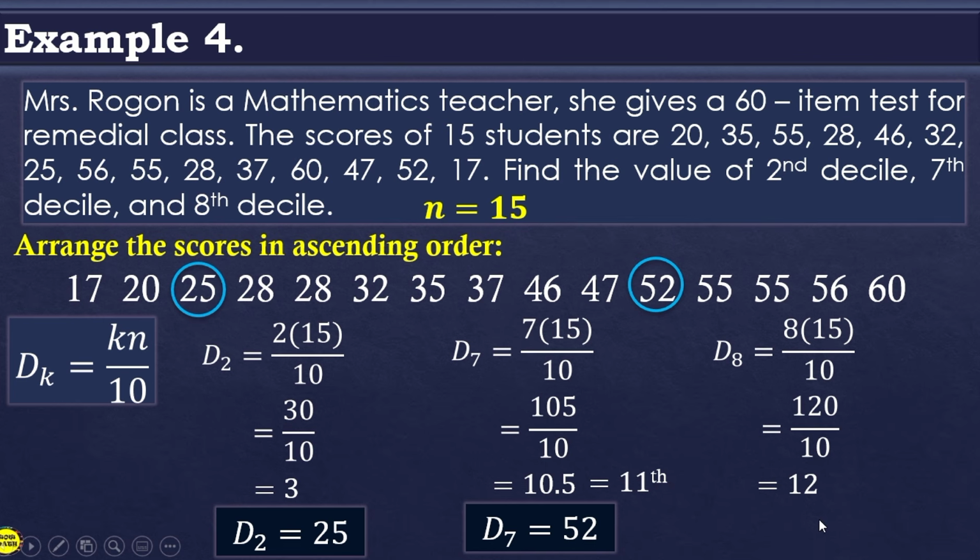Ibig sabihin lang niyan, matatagpuan natin yung 8th decile natin sa given natin sa pang 12 data natin. Okay? Yung pang 12 scores natin. So, 1, 2, 3, 4, 5, 6, 7, 8, 9, 10, 11, 12. So, ibig sabihin niyan, yung 8th decile natin ay 55.